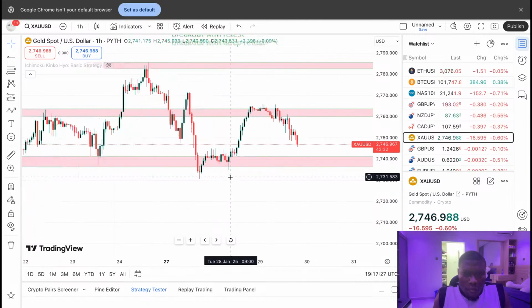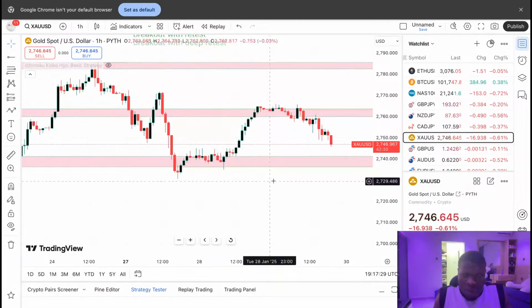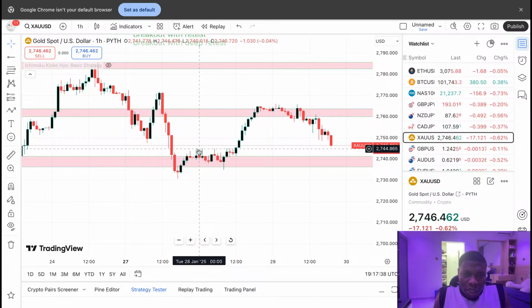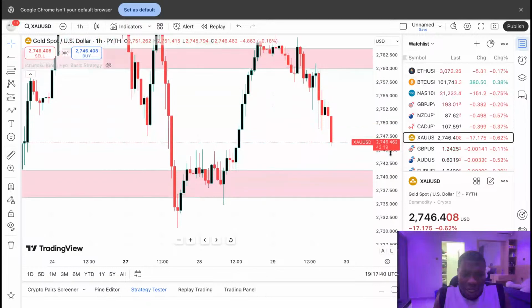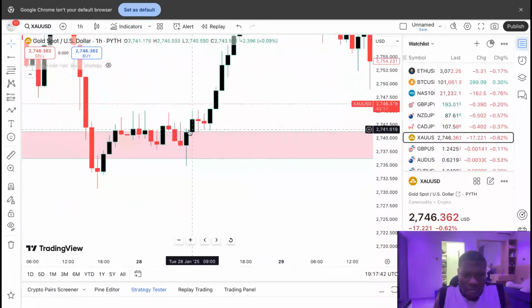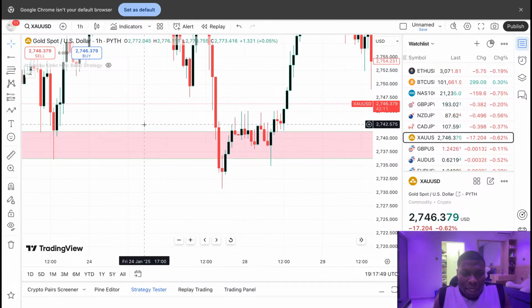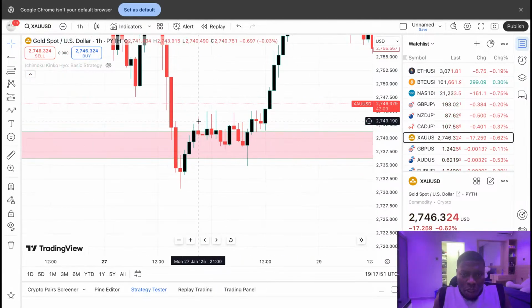Now, when this breakout happened, I'm zooming it out, we are clearly seeing the candlesticks moving. Then this particular candlestick retested this region, this area, completely. Watch the other candlesticks.